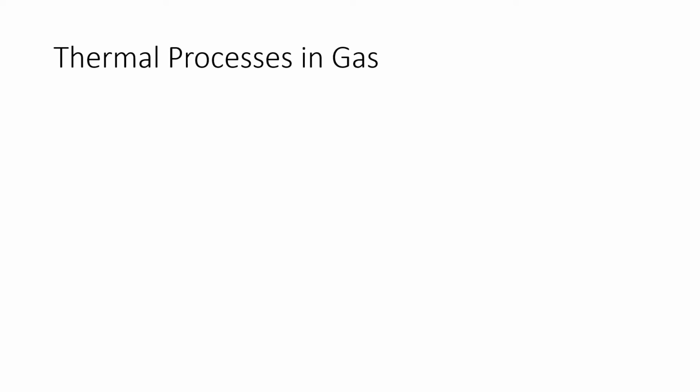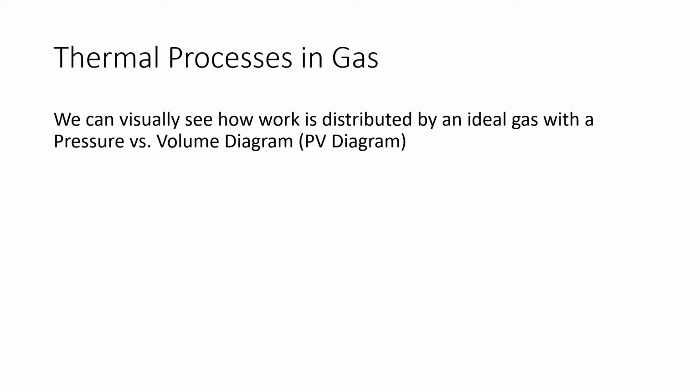Now that we looked at how a gas may be able to push on a piston and apply some work just by changing its volume or changing its pressure, we can maybe visually make this easier.